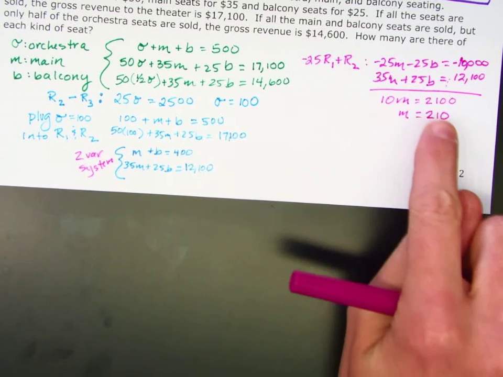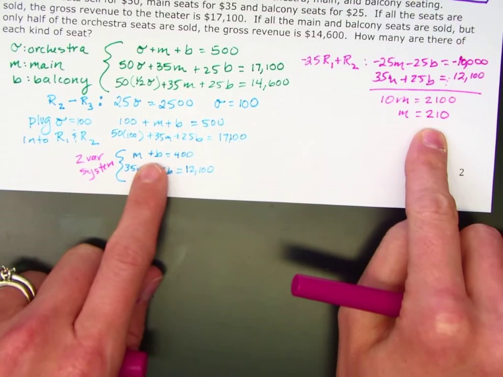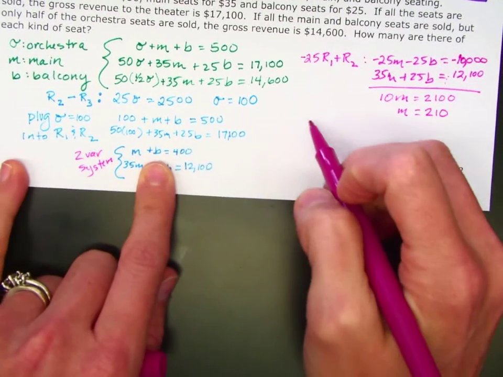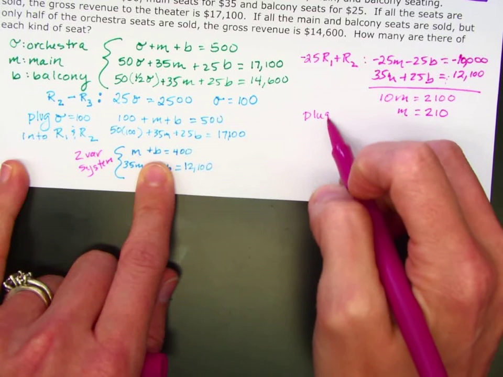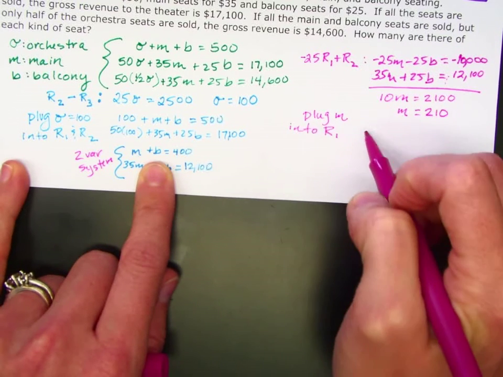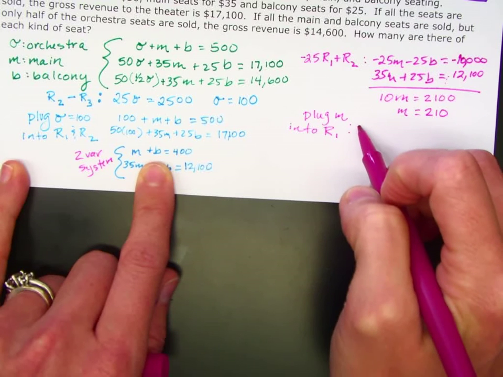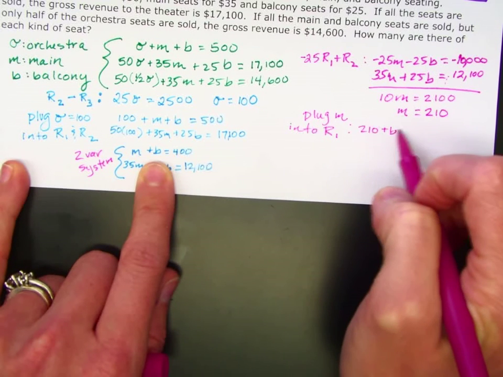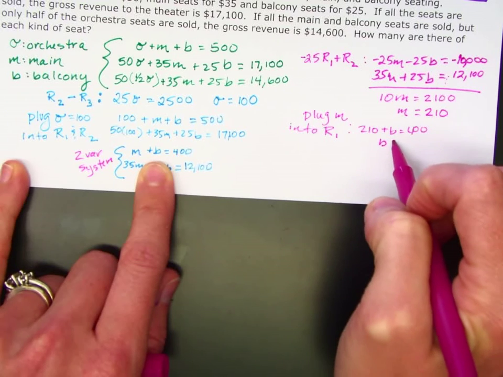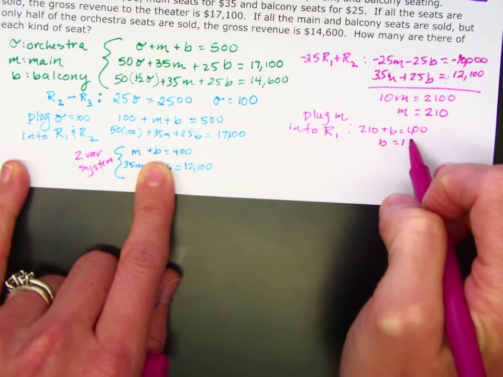All right, so I have m. Now I need to solve for b. I'm going to come back to this equation here. And now I can plug m into row 1. So then I get 210 plus b equals 400. So then b is 190.